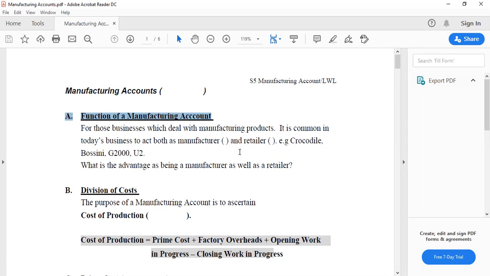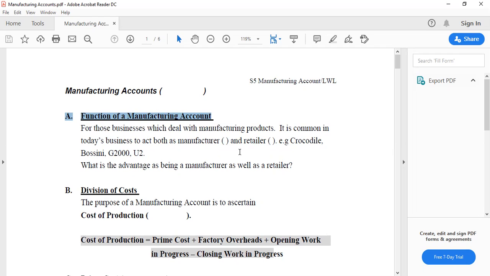You remember last semester we were with you in Principles of Accounting 1, and we looked at the final accounts: the trading account, the profit and loss account, and the balance sheet.